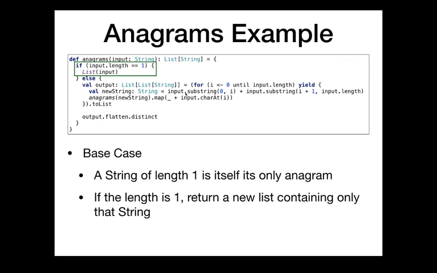I don't execute this loop at all. And through all this stuff, I end up returning an empty list if the empty string was my input. So I do have a second base case. I do have that edge case covered. If somebody does give me the empty string and says, what are all the anagrams of the empty string? I handle that as I should. This should at least have defined behavior. In this case, I'm returning the empty list.